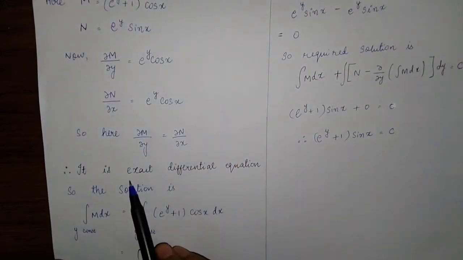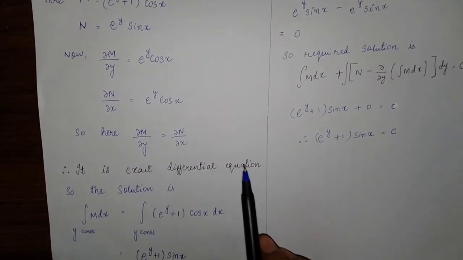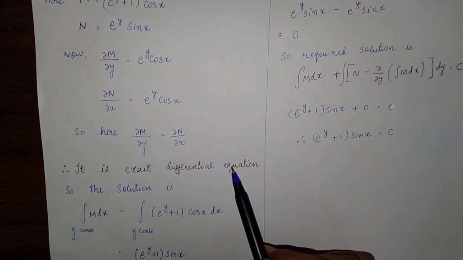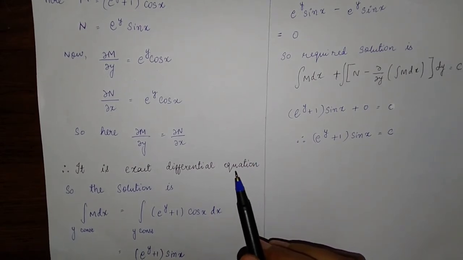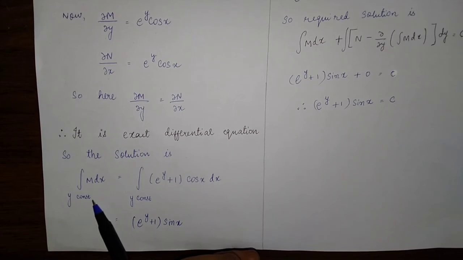So we can say that the given equation is an exact differential equation. And as it is an exact differential equation, we will move towards the steps. So we will find integral m dx keeping y constant. So if I find integral m dx, I am getting e raised to y plus 1 sin x.